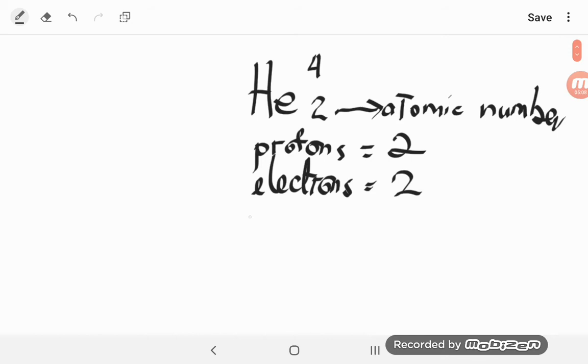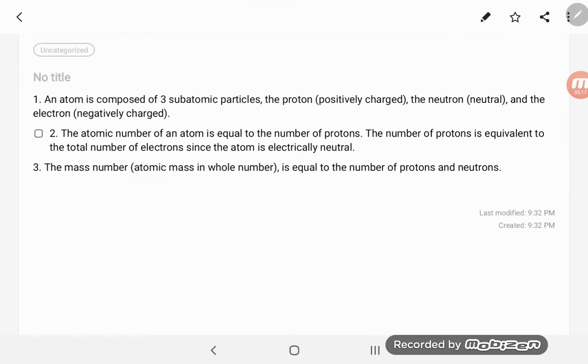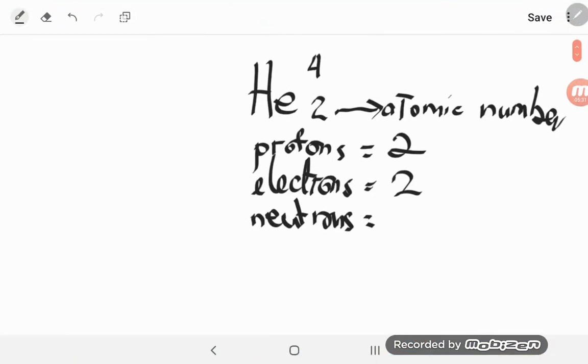Now, the next is, how do we get the number of neutrons? We will go back again to our basic concept. Number 3, the mass number is equal to the number of protons and neutrons. Since we now know the number of protons, it would be easier for us to calculate the number of neutrons. Okay, but how?